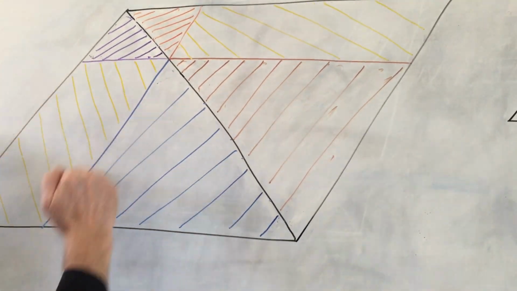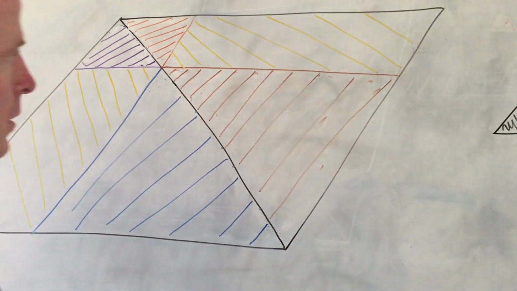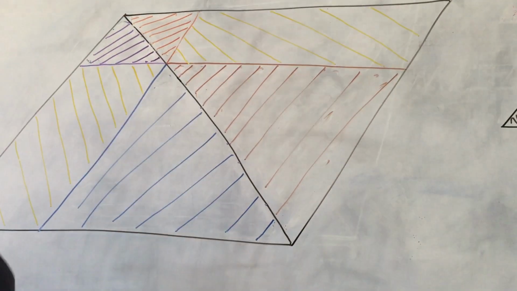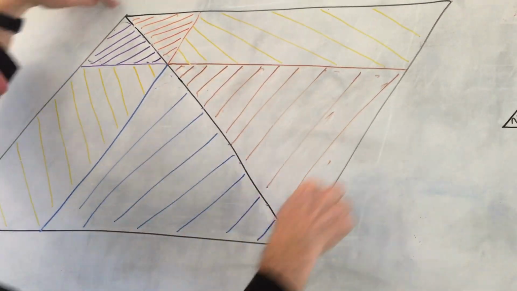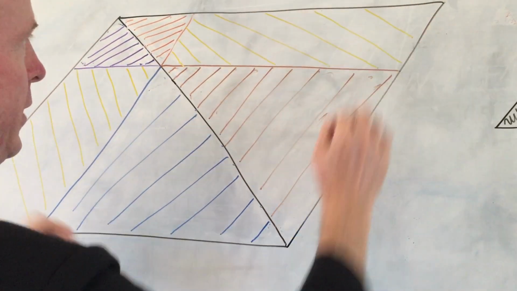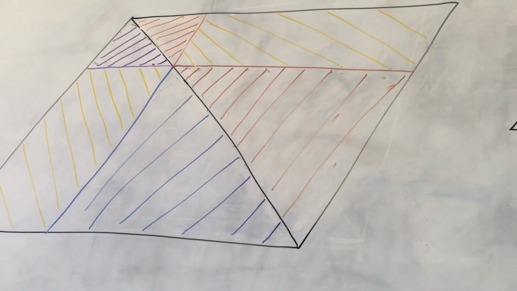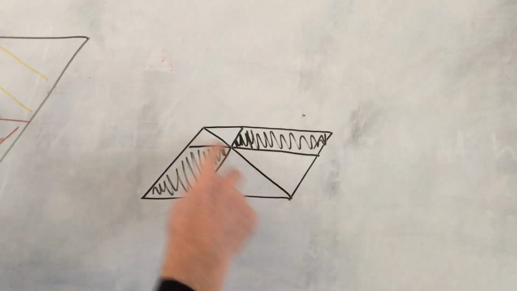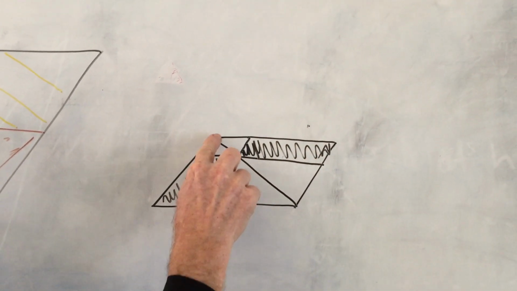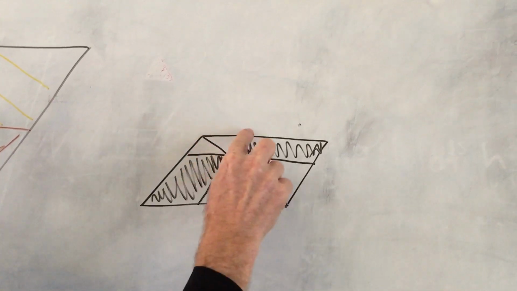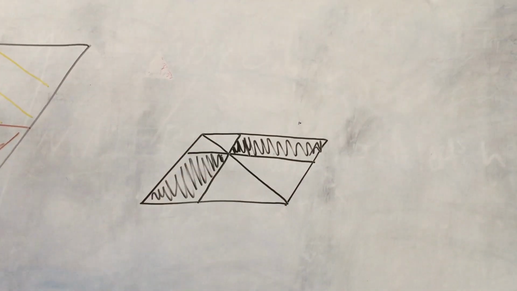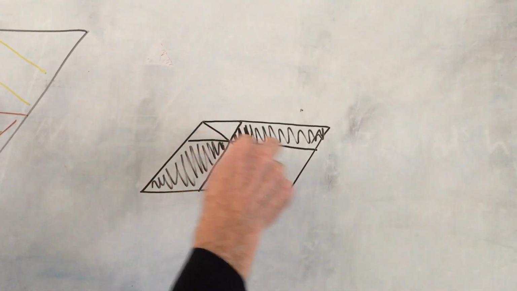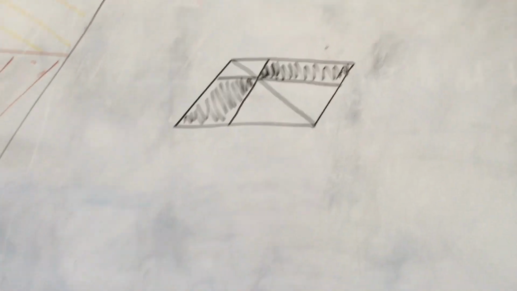And all that you have left are these, which are the complements, which are necessarily equal because equals subtracted from equals, the remainders are equal. Complements are equal. We can do that one more time over here if the colors don't help you. So here you have this being equal to this, and this being equal to this. Let's subtract the equals out of the wholes. Then the remainders are necessarily equal, which are the complements.